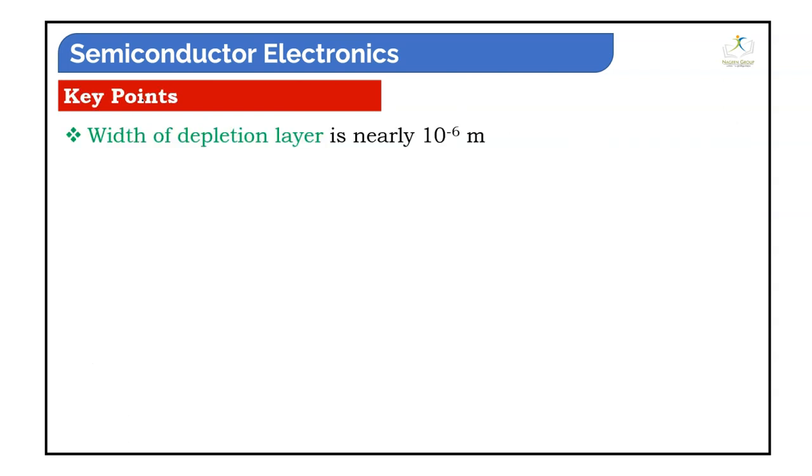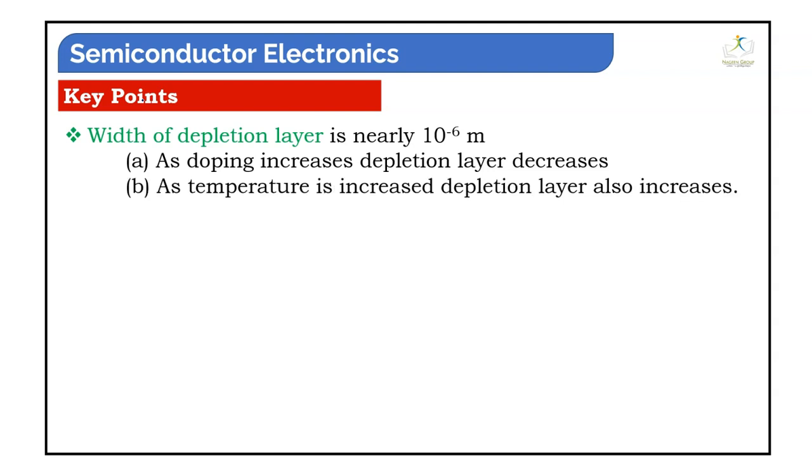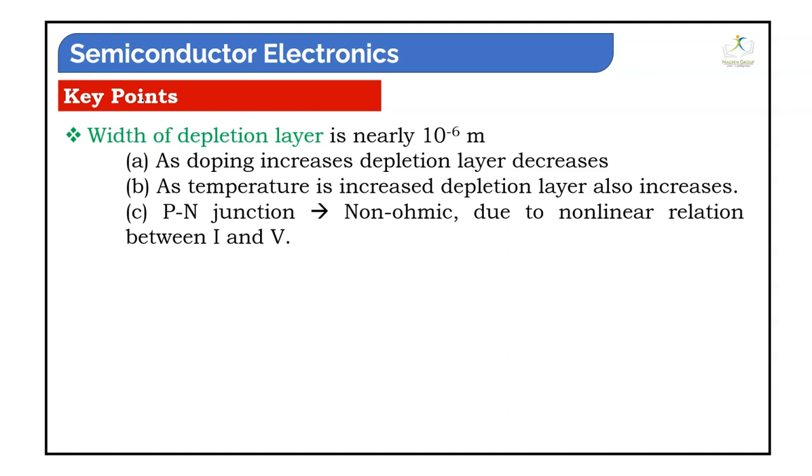So if I'm just taking the key points, the width of the depletion layer is nearly 10 to the power minus 6 meter. As doping increases, the depletion layer decreases. As temperature increases, the depletion layer also increases.